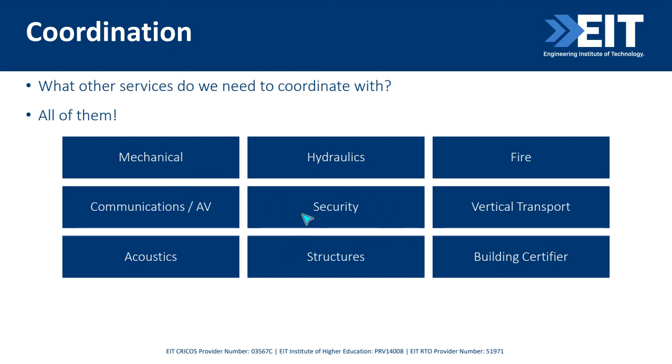Security designs, vertical transport, so lifts, escalators, cranes, as well as other services like acoustics, or structural engineers, or even other non-engineers such as the building certifier. We need to coordinate our design with all of these parties.